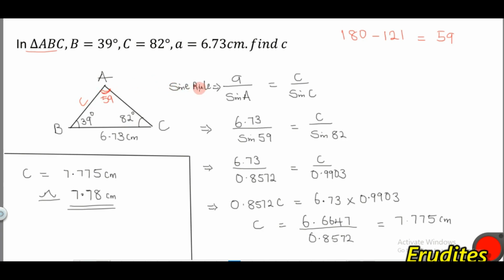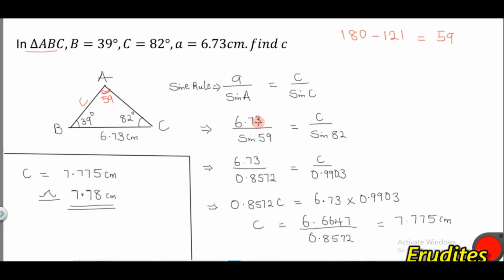We would use the sine rule. And sine rule says that a all over sine A is equal to c all over sine C. So my small a in this question is the side facing A, and it is 6.73.